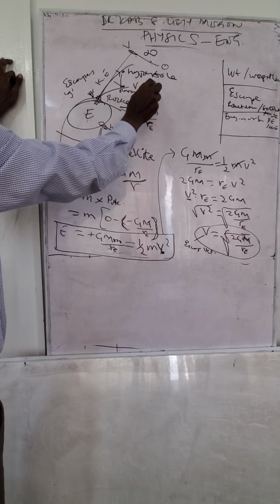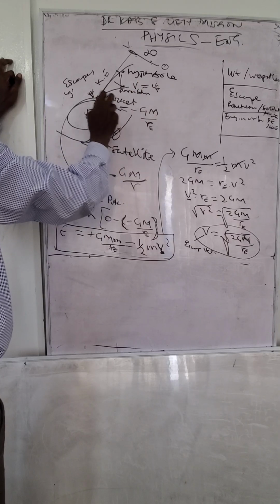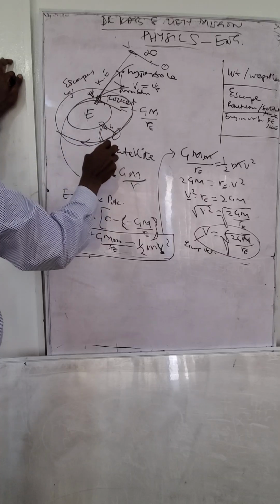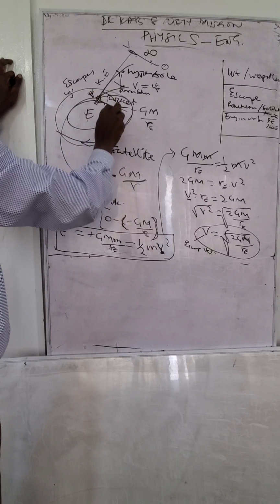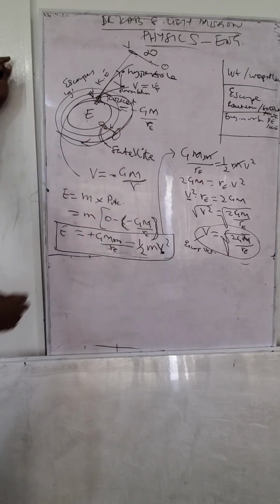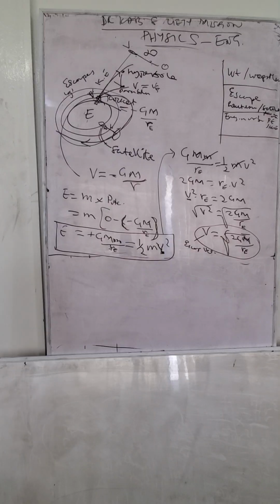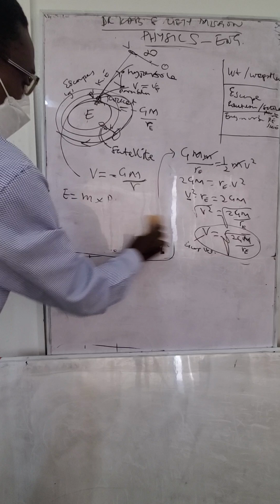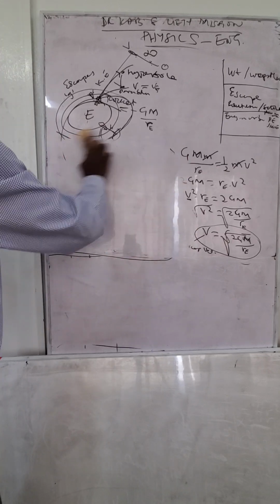Now if the velocity the rocket moves with is less than the escape velocity, then it will end up having an elliptical curve. If it is far less, then it will have almost a circular curve. And that is how it's going to be. Right. So let's clean up and then see how we can also get something for the satellite.